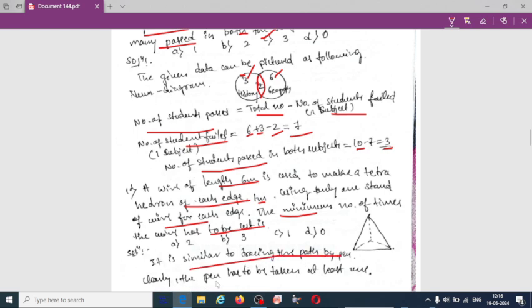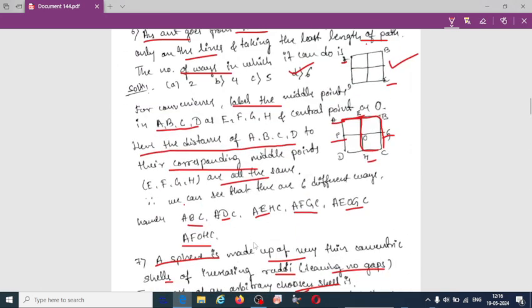And clearly the pen has to be lifted at least one time to complete this tetrahedron. So if you draw, you can verify here. That's why option C is correct, one time.